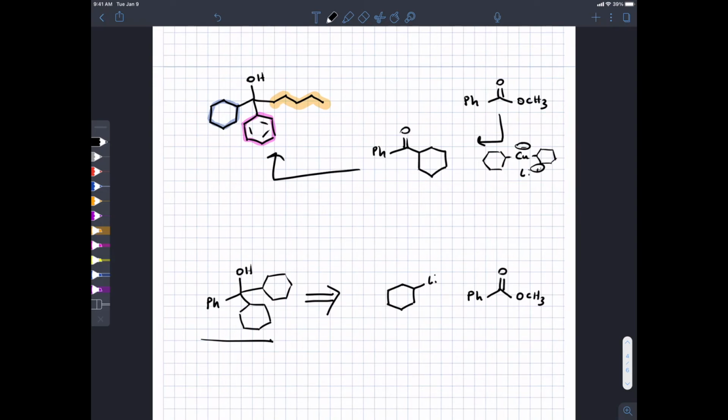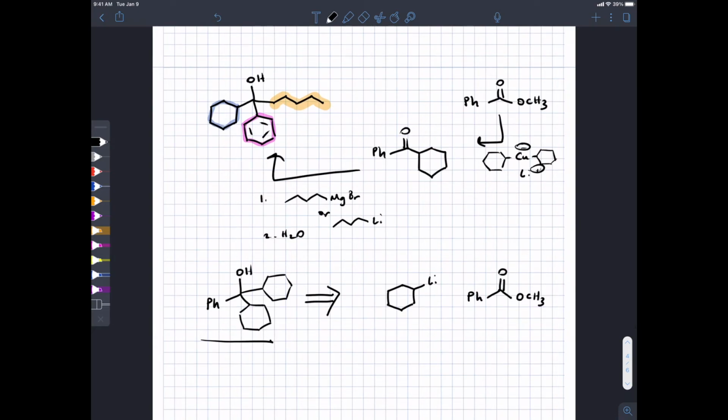And then, because cuprates can stop, I could use the organolithium or the Grignard reagent followed by aqueous workup to get me to that product. So different reagents, different tools, different reactivities, same basic mechanism allows you to get to different types of products. You need to be able to think strategically here.